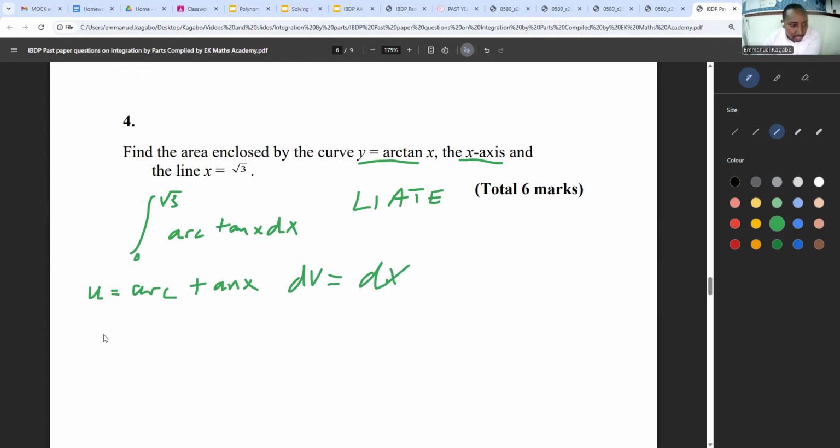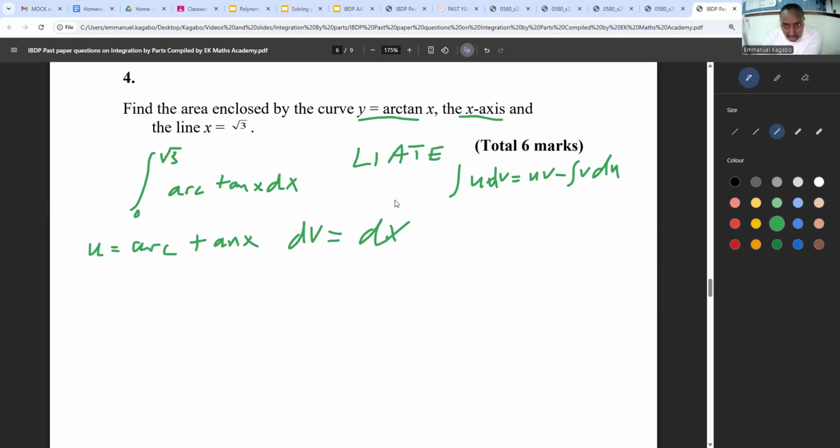Okay? Now, just remember the formula. It is the integration of u dv equals uv minus integration of v du, right? Okay. Now, when you check here this time around, I've got u and dv. So I need to get the rest.